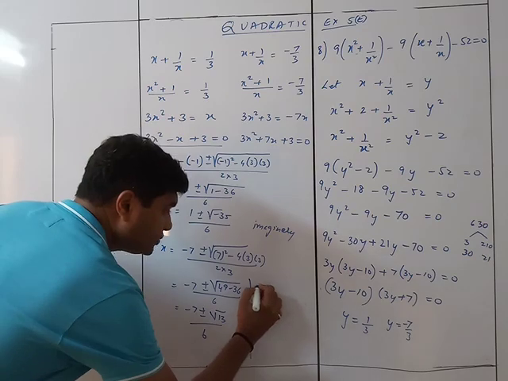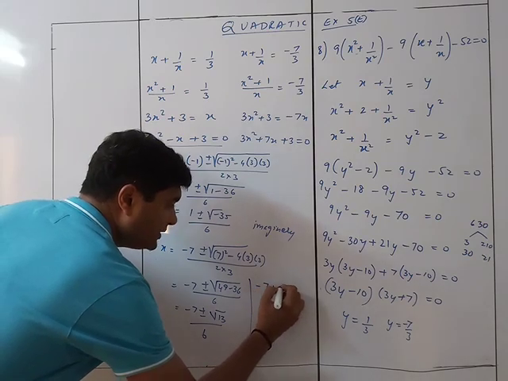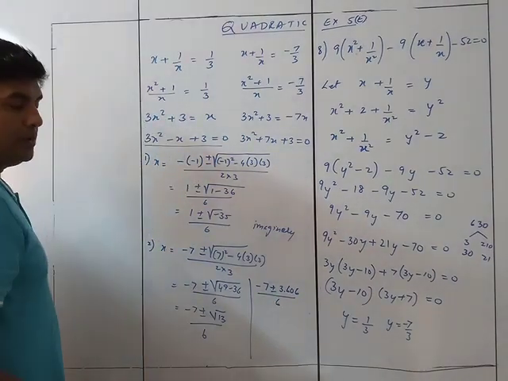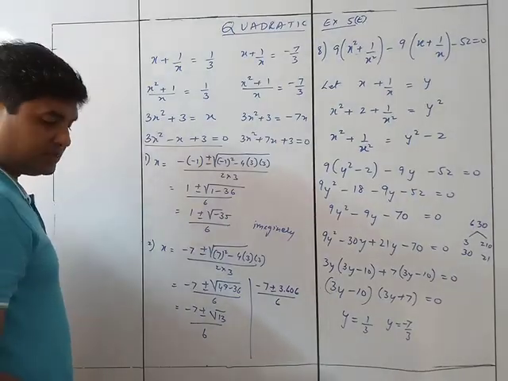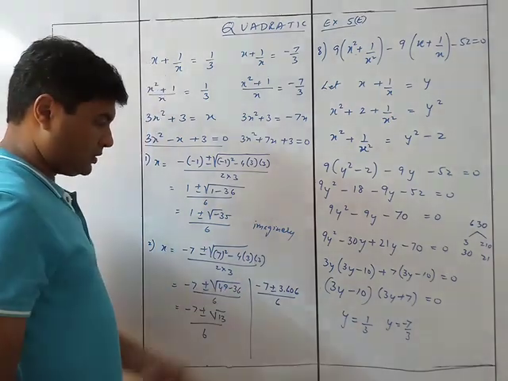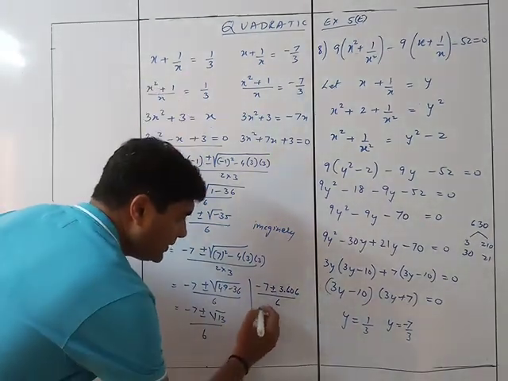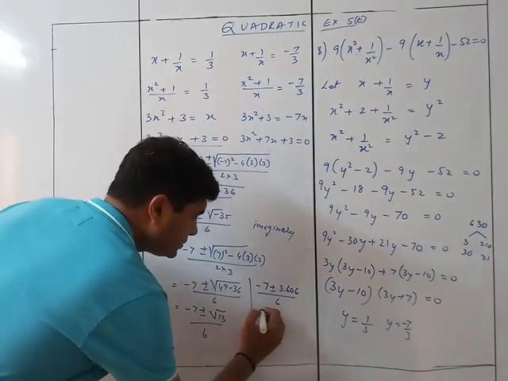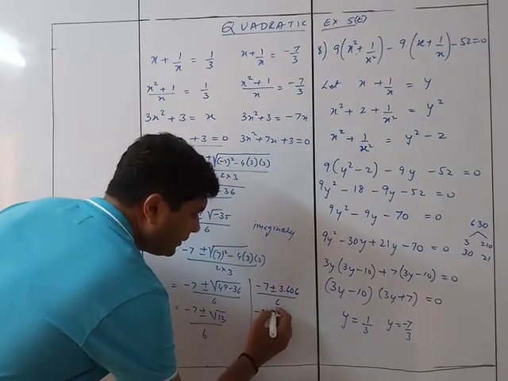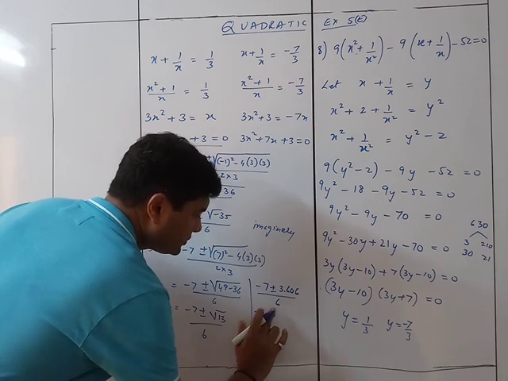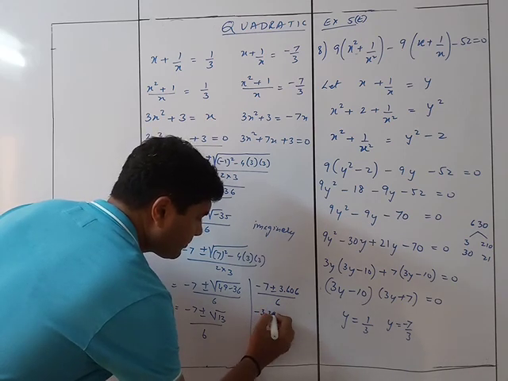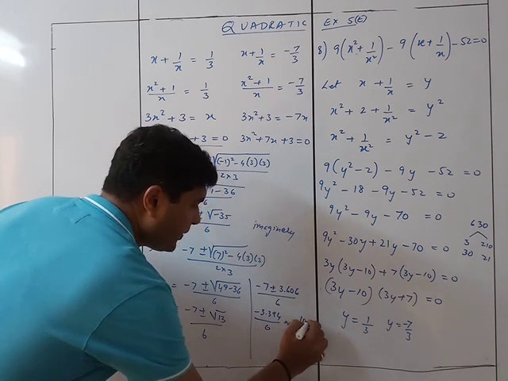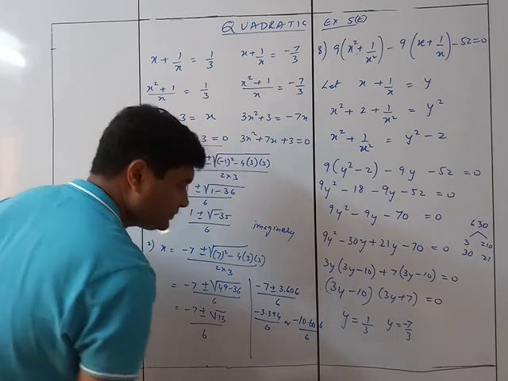So I get minus 7 plus or minus 3.606 upon 6. Okay, you need to just solve this and find out the answer. So it will be minus 3.394 upon 6 or minus 10.606 upon 6.